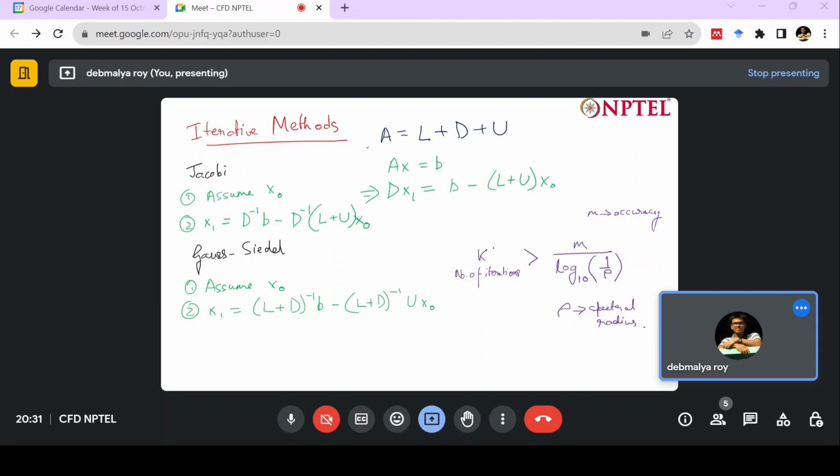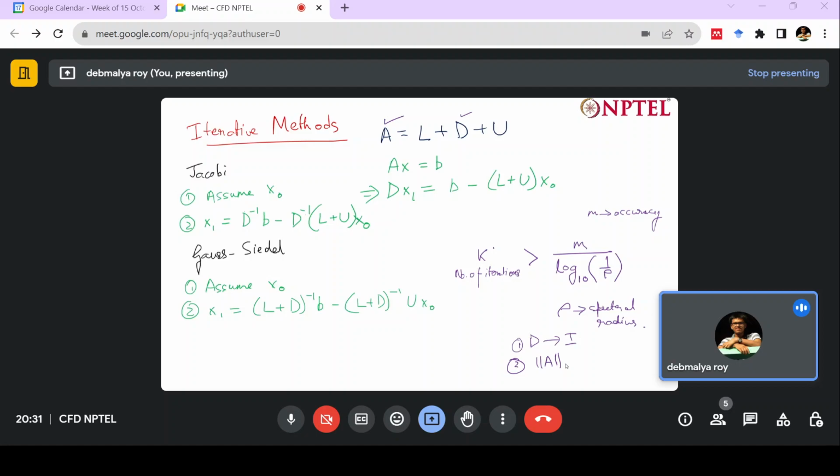The spectral radius is mostly taken as the norm, and this is taken if you make D an identity matrix. So you first perform row operations such that D becomes identity matrix, and then second you find the norm of it.